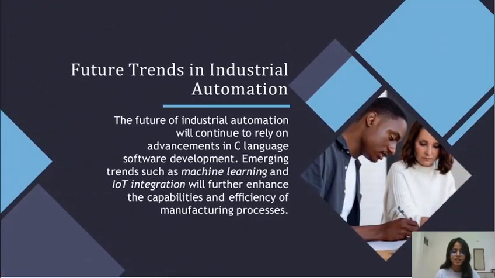Future trends in industrial automation. The future of industrial automation will continue to rely on advancements in C language software development. Emerging trends such as machine learning and IoT integration will further enhance the capabilities and efficiency of manufacturing process.